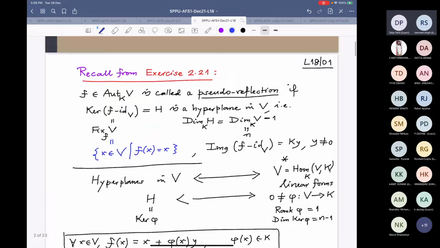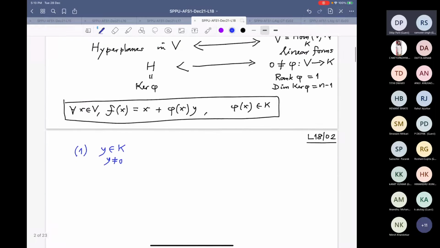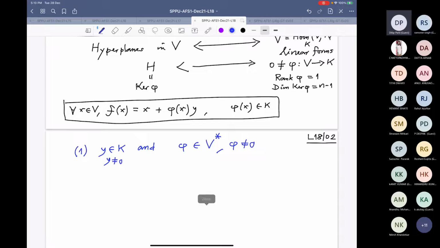That's not the case, because it is a hyperplane that is given to you. So the whole V is not fixed under f, so y is non-zero. And phi is a linear form, phi is in V star, and phi cannot be 0, because if it is 0, then phi of x will be 0 for every x, and again the same problem.